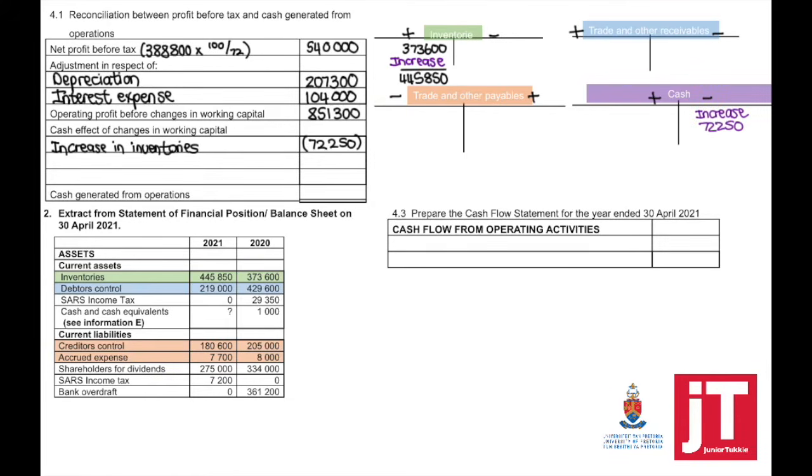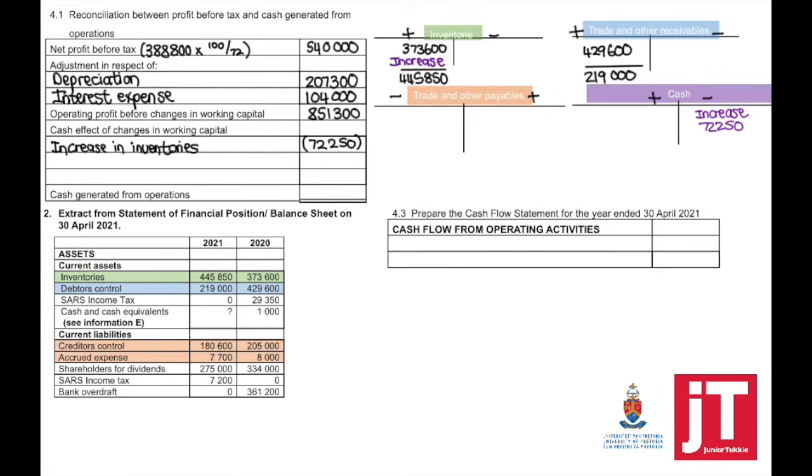For every debit, there's a credit. So we take the difference to the cash flow statement and we're going to show it in brackets. Why? Because an increase in inventories will have an outflow effect. You can study that, or you can do the T account if you're not 100% sure. A decrease in inventories will always have an inflow effect.